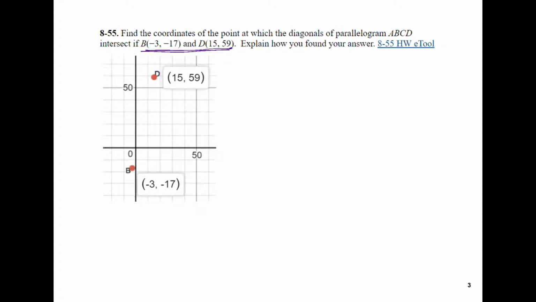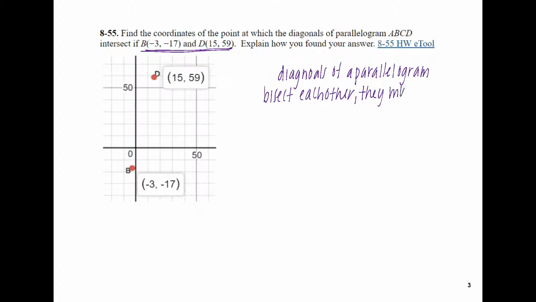Since the diagonals of a parallelogram bisect each other, they must intersect at the midpoint of line BD.